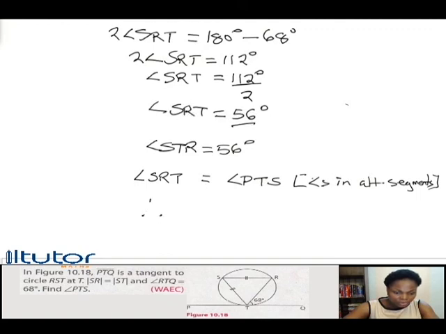So therefore, angle PTS is equal to 56 degrees. That's it.